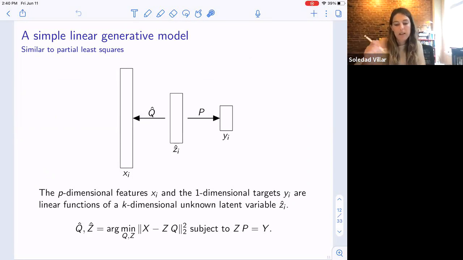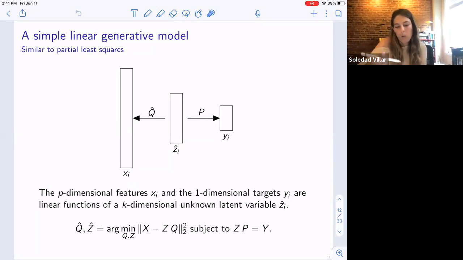Basically, you consider that both your data and your labels are generated by a low rank model described by a latent space Z. It's a linear model where you have a latent space Z, and you can produce the labels and the data from this latent space.